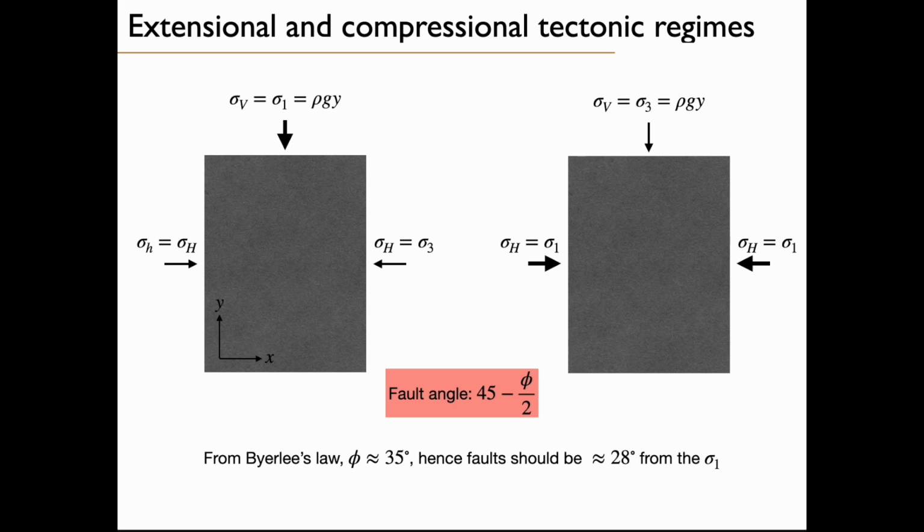And remember the definition of the fault angle we derived earlier, 45 degrees minus phi divided by 2. This is the angle with regard to the sigma 1 direction. So if you would assume that the friction angle is about 35 degrees, the fault should be at 28 degrees from sigma 1.